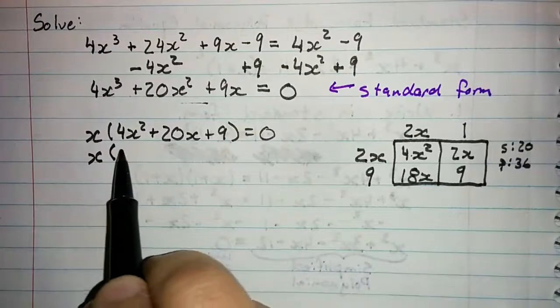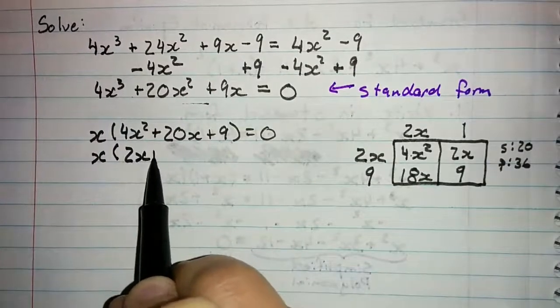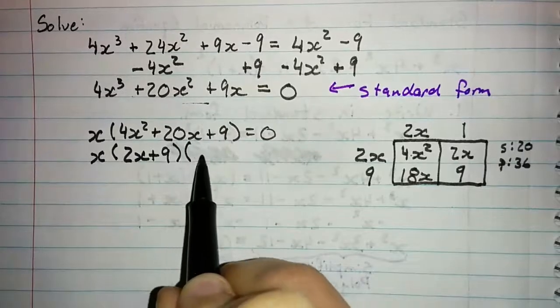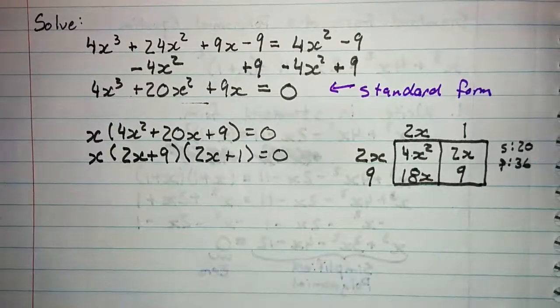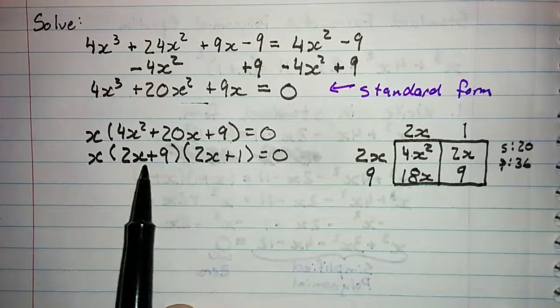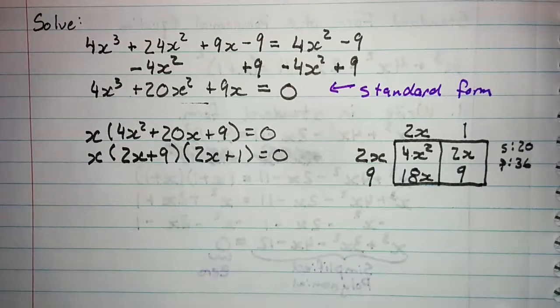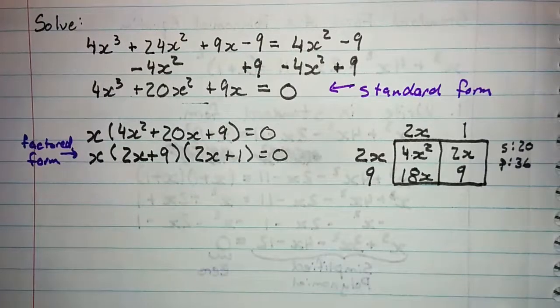So my factors are 2x plus 9 and 2x plus 1. Oh, now I have factored into linear factors. This is my factored form.